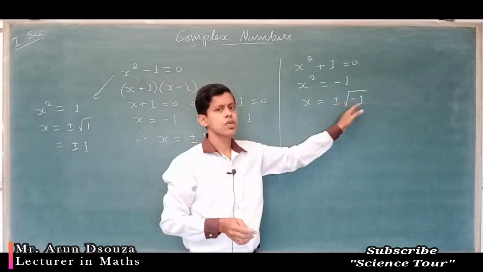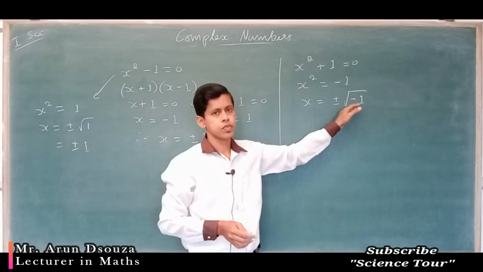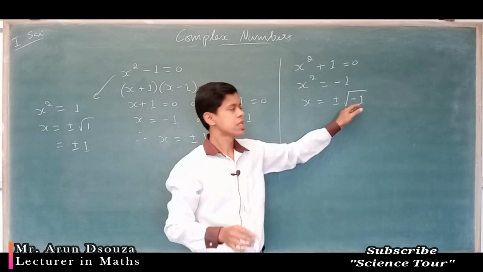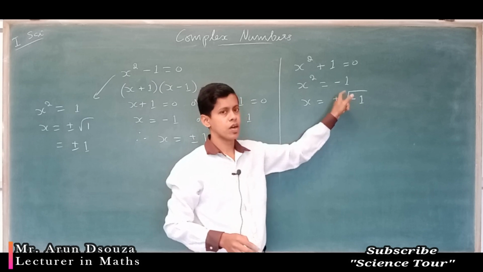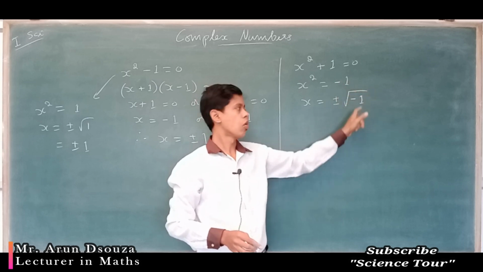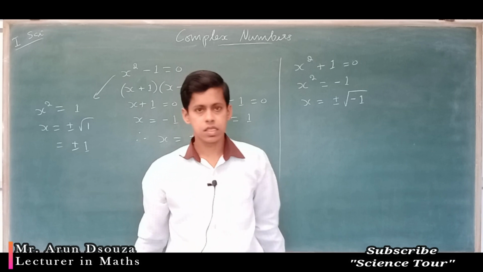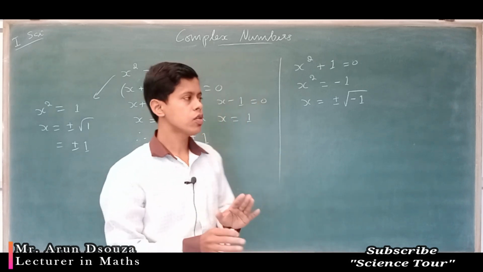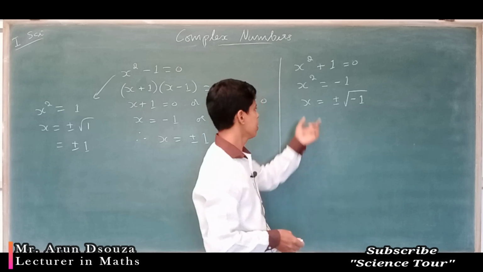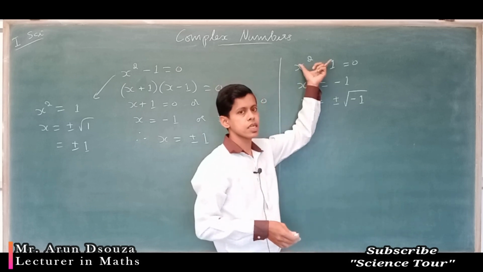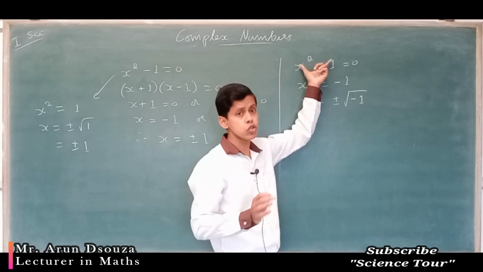Now we are stuck at a point here. Why am I saying we are stuck? Because we have studied so far that the square root of a negative number does not exist, is it not? So if the square root of a negative number does not exist, then this quadratic equation does not have a solution.